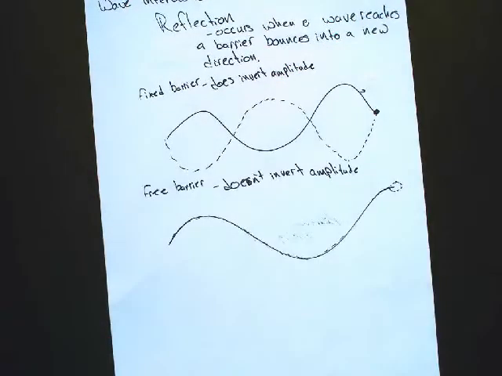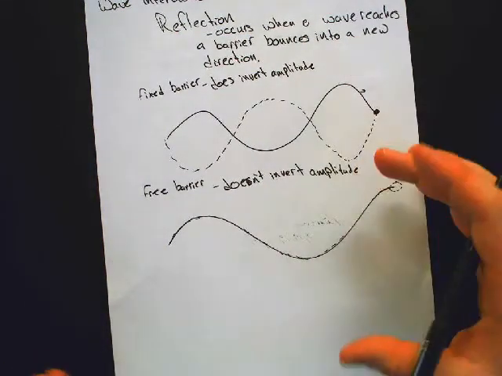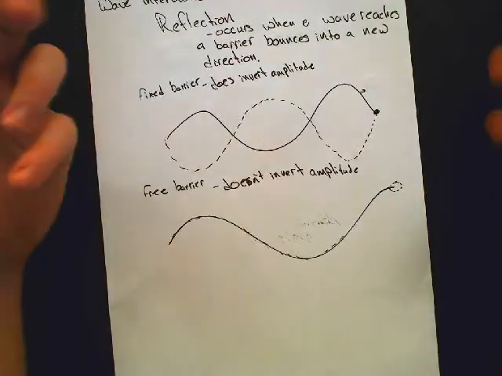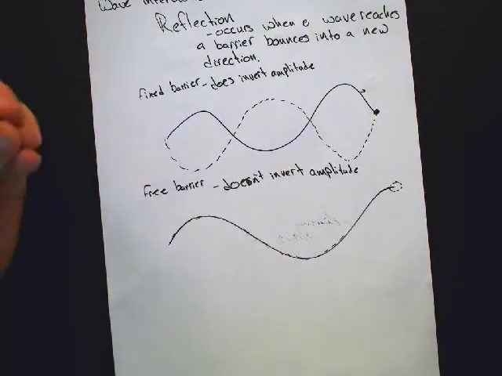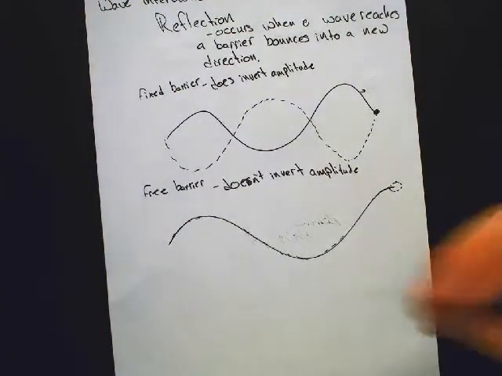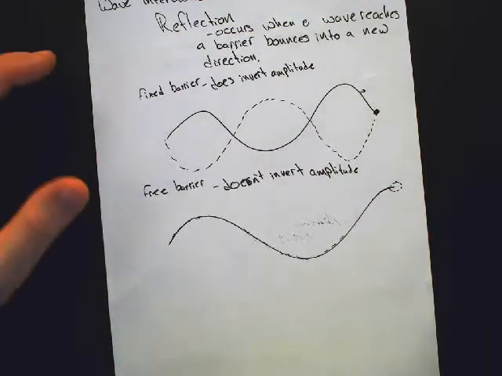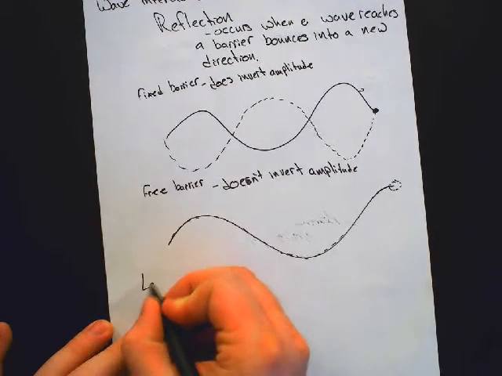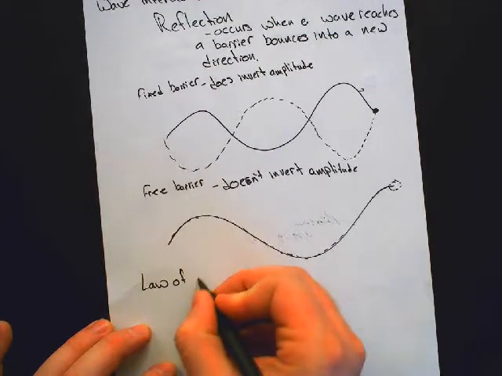Okay. For other kinds of waves where we're not talking about something on a string in a fixed scenario like this, so if we start talking about light, sound, water, any of those waves reflect following what we call the law of reflection.